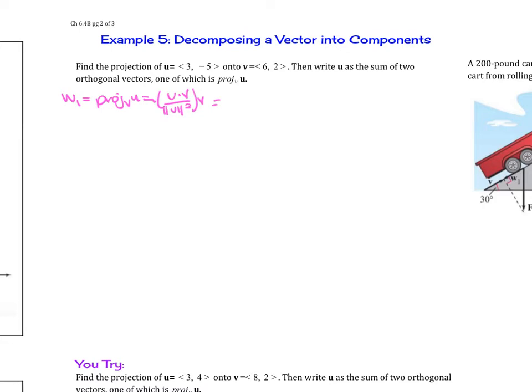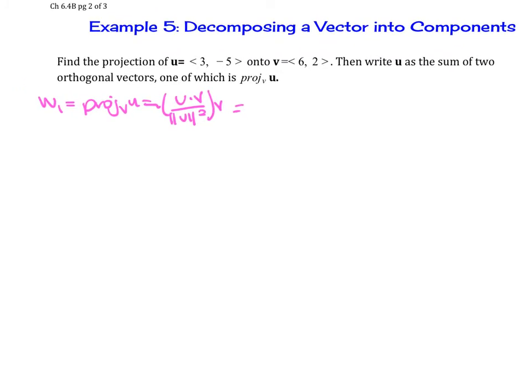So we're going to multiply u and v. So let's do (3, negative 5) dot (6, 2), all over the square root of 6 squared plus 2 squared, but then that is squared, and then times v, which is (6, 2).